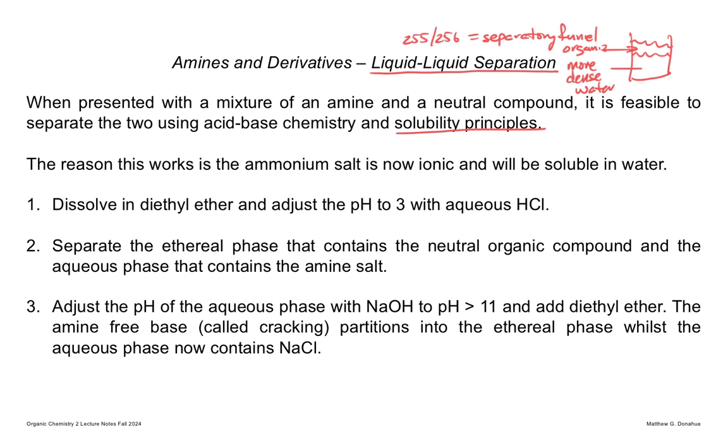So if we think of, say, a primary amine, CH3NH2 plus HCl, that's going to give us a salt. And that salt has an ionic bond, which means it's now soluble in water.